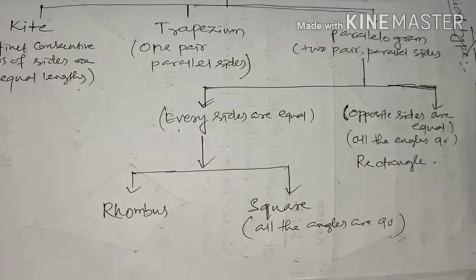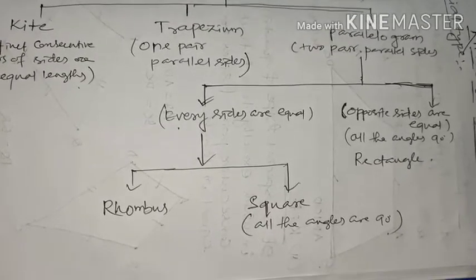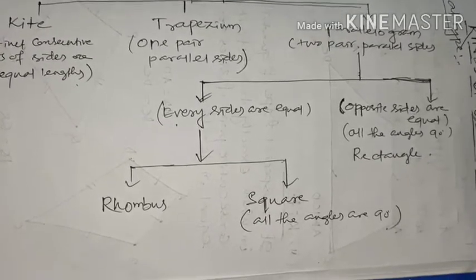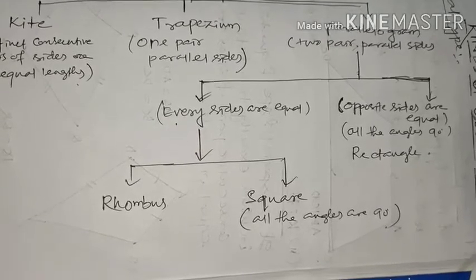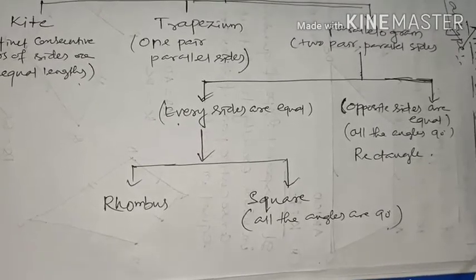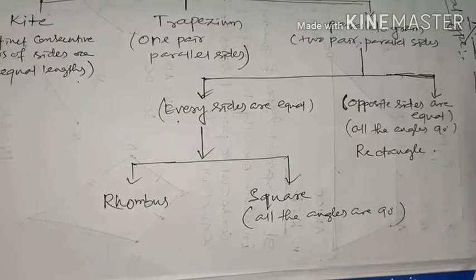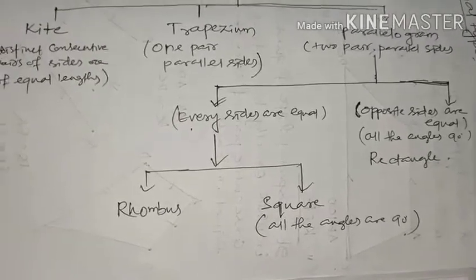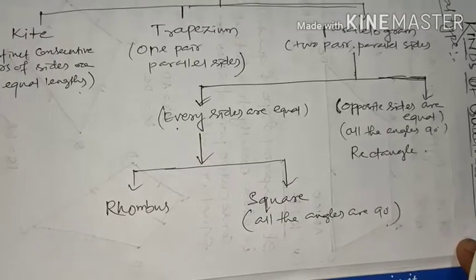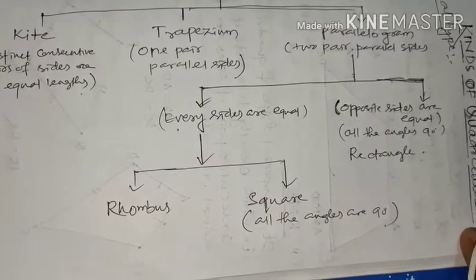Next, if every side is of equal length, then it can be divided into two types, rhombus and square. You know, in rhombus the length of all sides is equal, but in square also the length of all sides is equal, but the special characteristic is that all the angles are of 90 degrees. In square, all the angles are of 90 degrees.